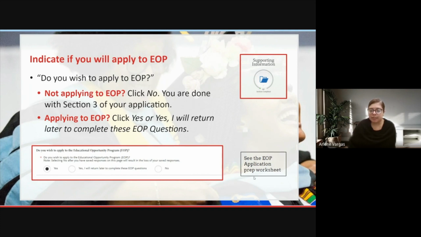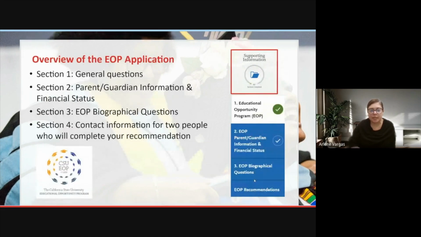Here we have a note as a reminder to see the EOP application prep worksheet. There's a worksheet that helps you fill out the EOP questions, and also helps you determine eligibility based on the family income criteria.